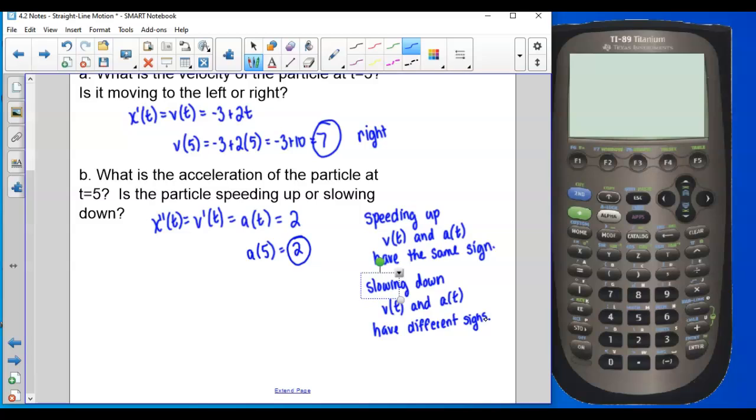So, if you think of what's happening here, we have a positive velocity. We also have a positive acceleration. So this particle is speeding up.